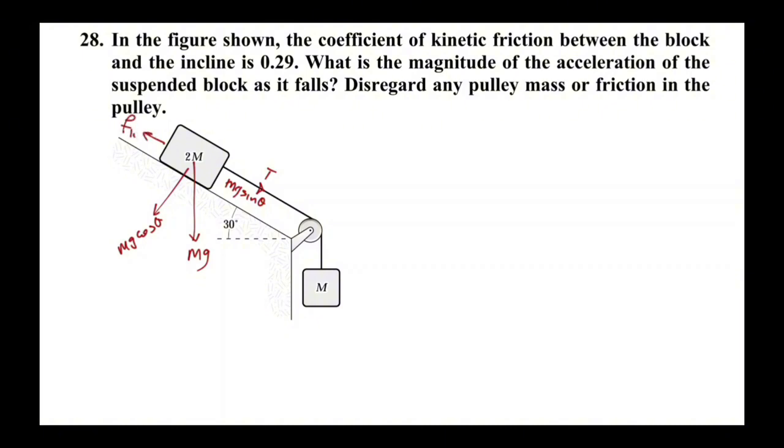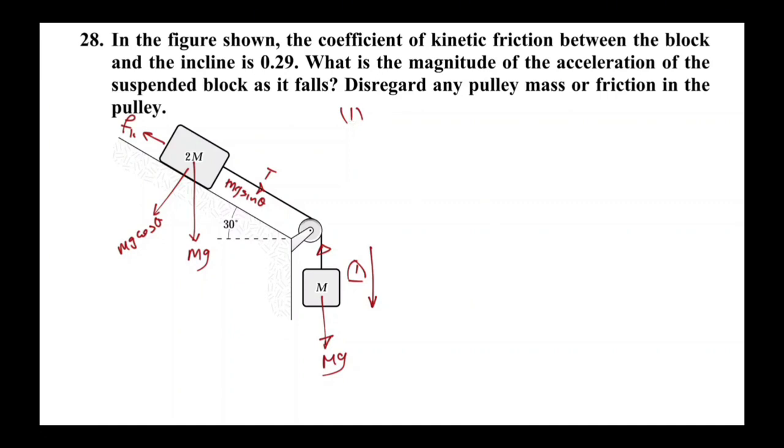Now, sum of all forces on system 1, this one, we have mg, we have tension. And the system is sliding, so it's going downward here.